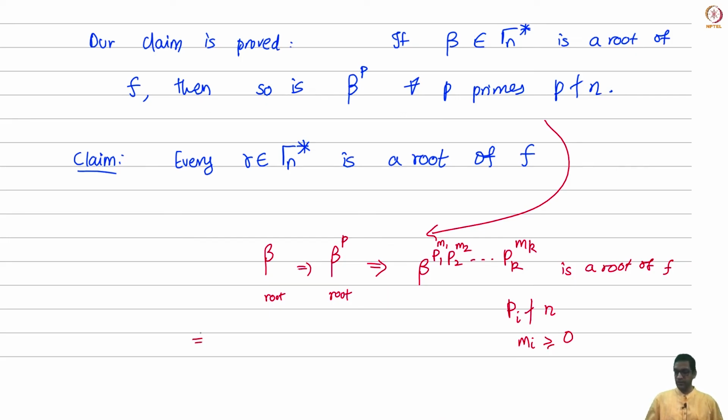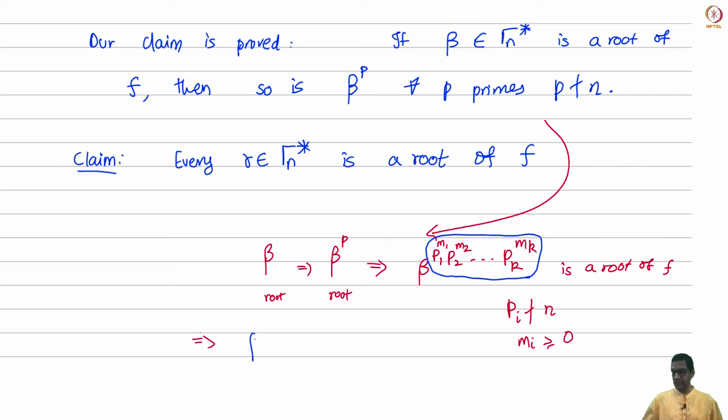So what does that mean? In particular, look at these numbers on top. This is exactly how you construct numbers which are relatively prime to n. Those are just products of prime powers where the primes don't divide n.